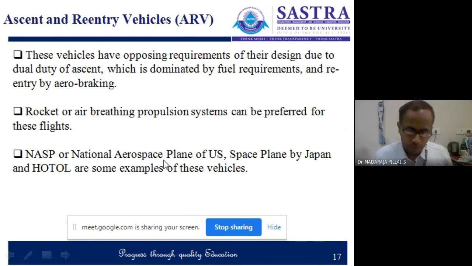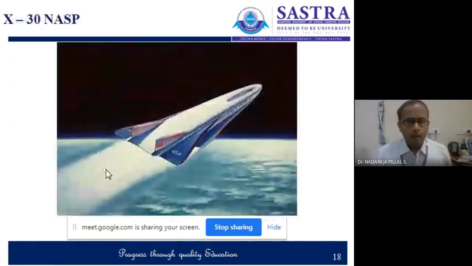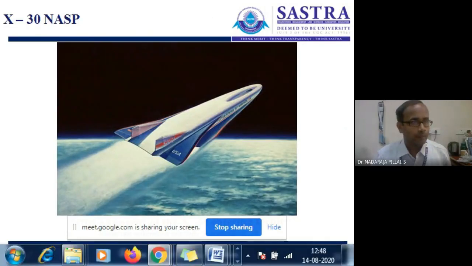A few examples we can say are the National Aerospace Plane Program of the United States, the space plane by Japan, and HOTOL, that is horizontal takeoff and landing vehicle, which are some of the examples of ascent and re-entry vehicles. We will say this is the National Aerospace Plane Program.